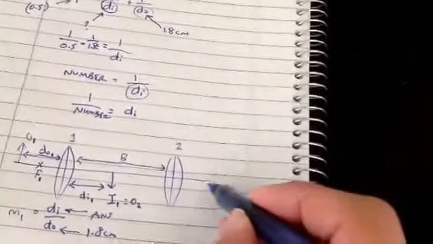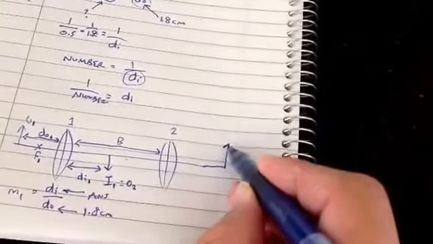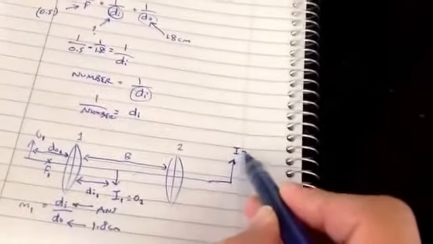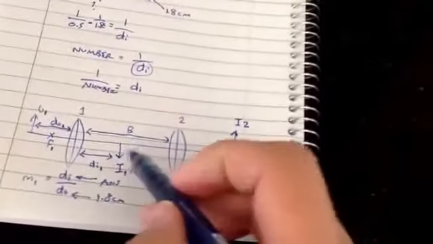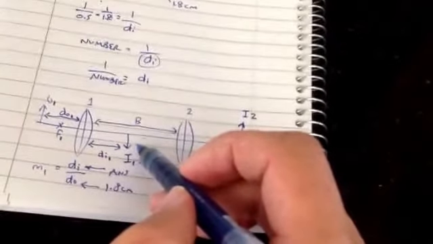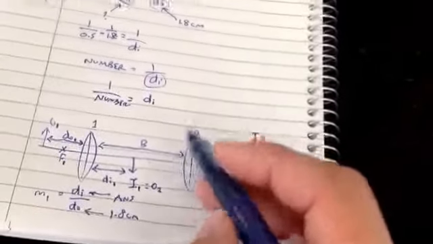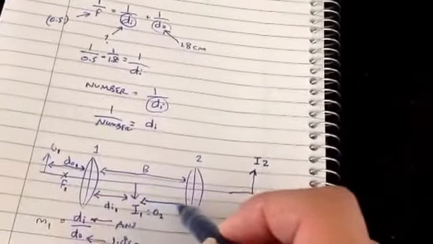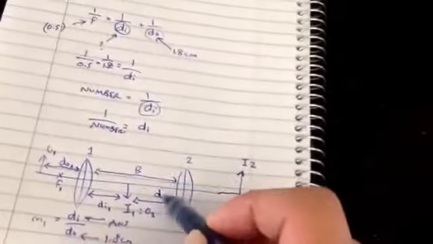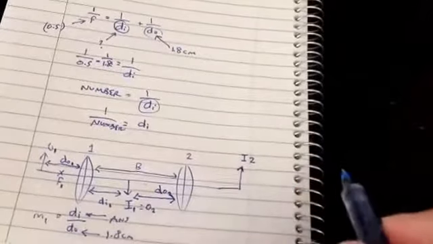So we're going to expect, for example, the image of that lens to be somewhere over here. We'll call it image 2. Okay. So the first thing we need to do is find the distance to the object for the second lens. So that means this distance here. We need to find this DO2.